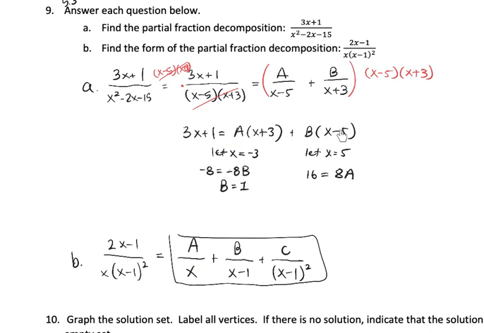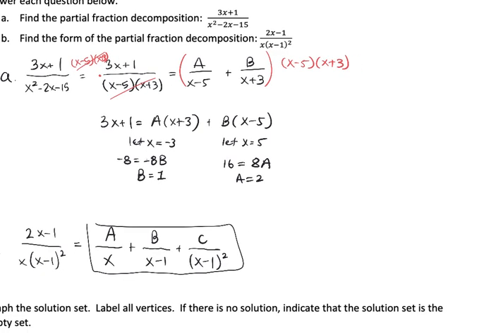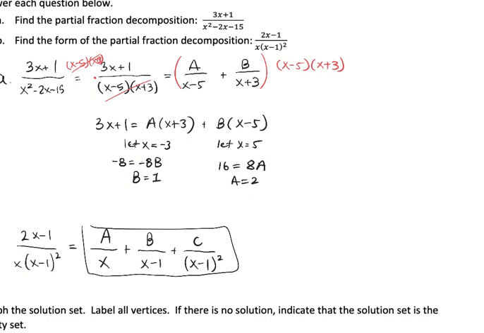Here 5 subtract 5 is 0. 0 times b means that part of the equation disappears. Divide both sides now by 8, and we get a equals 2. So then the partial fractions are 2 over x minus 5 plus 1 over x plus 3.